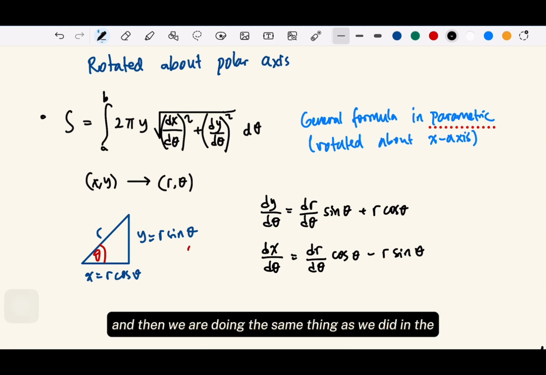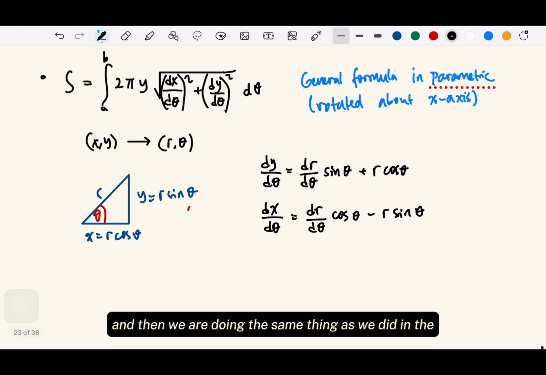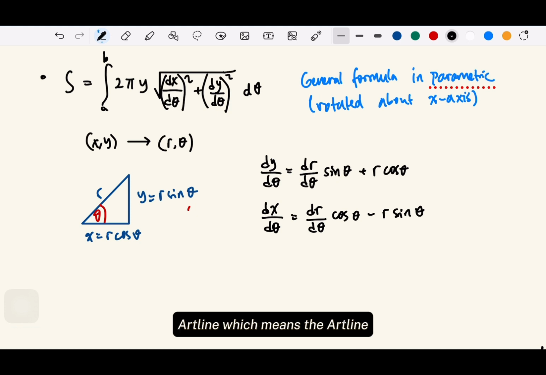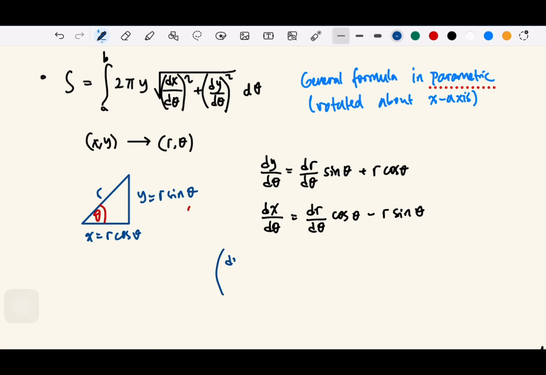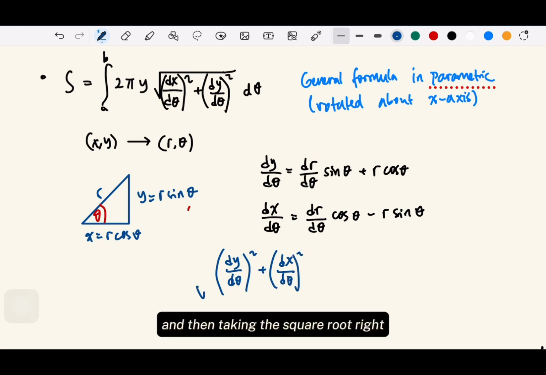And then we are doing the same thing as we did in the arc length, which means we are going to have this expression, and then taking the square root, right?